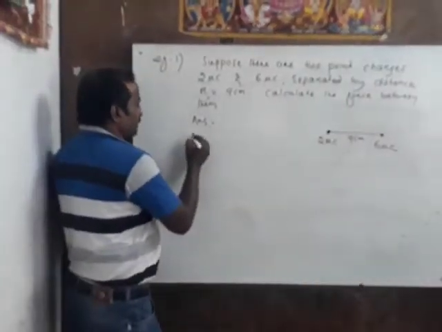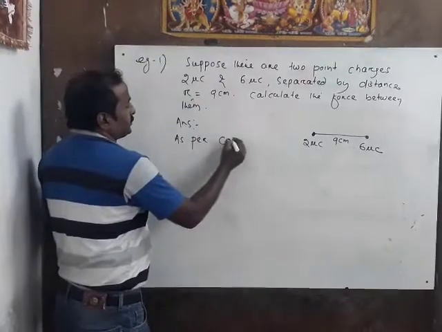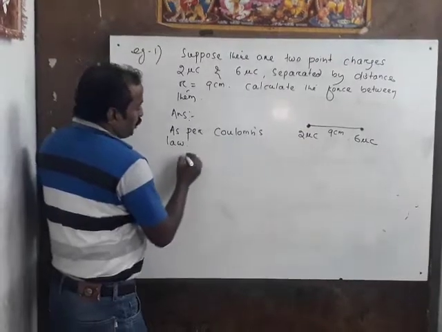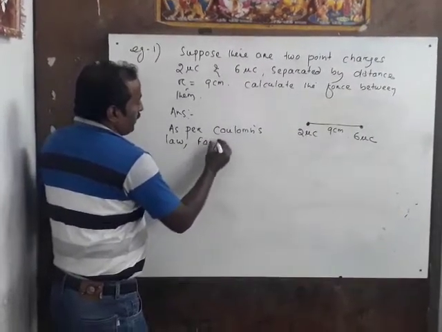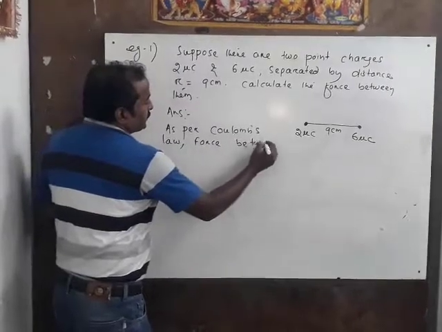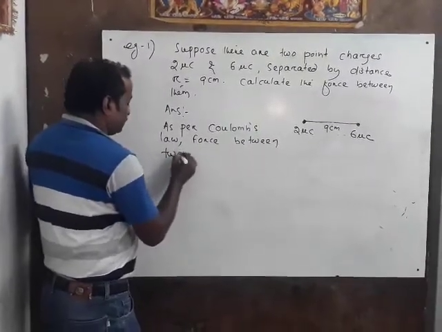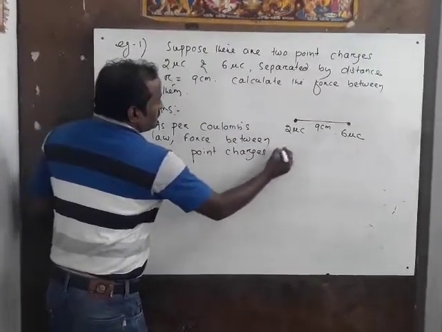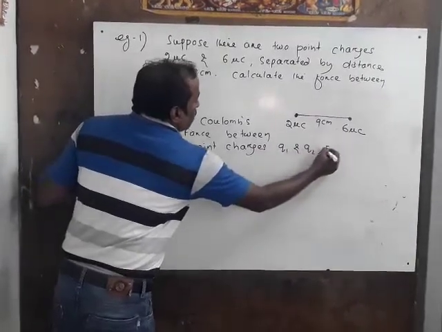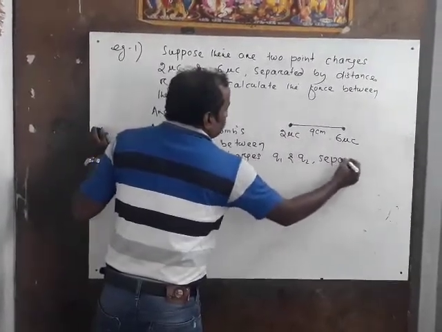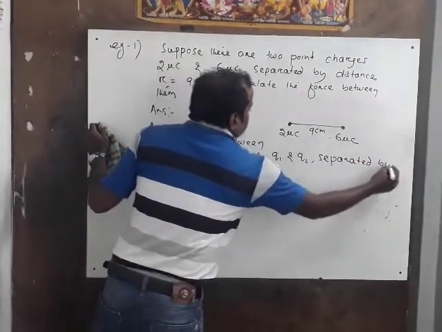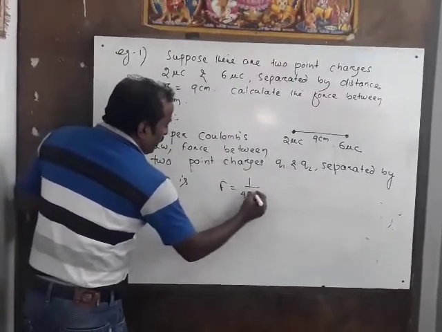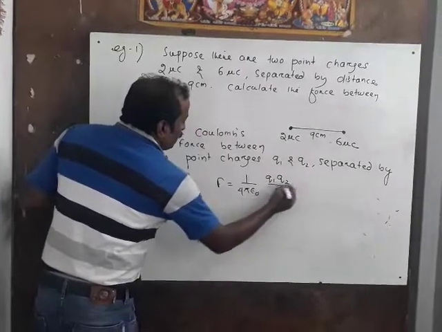So as per Coulomb's law, the force F between two point charges Q1 and Q2 separated by R is given as F equals 1 by 4 pi epsilon 0, Q1 Q2 by R square.